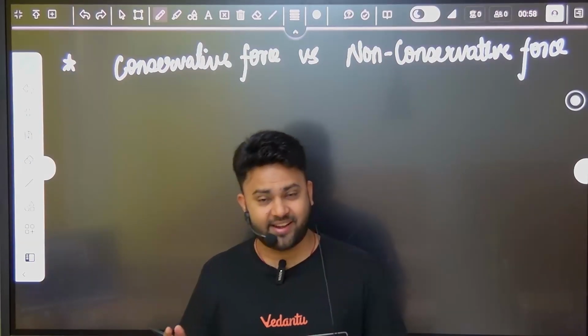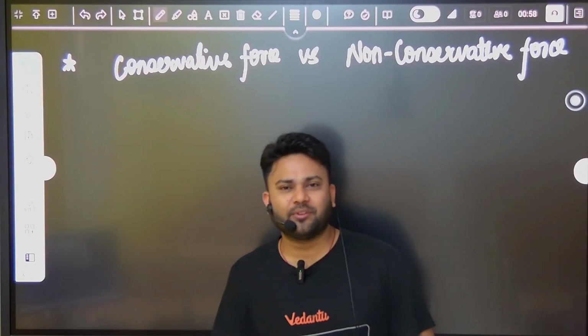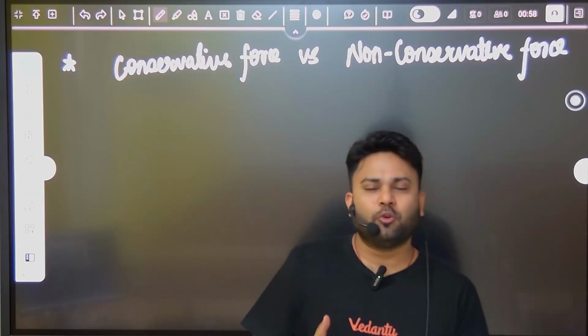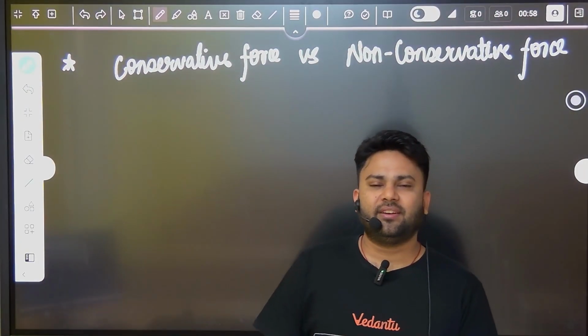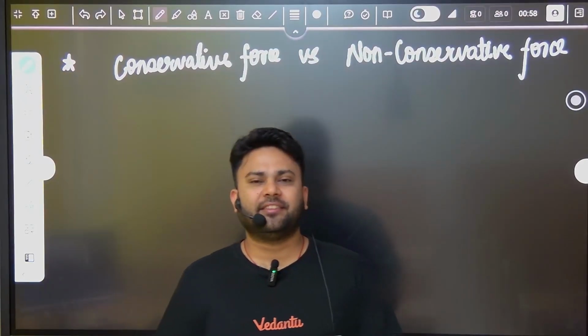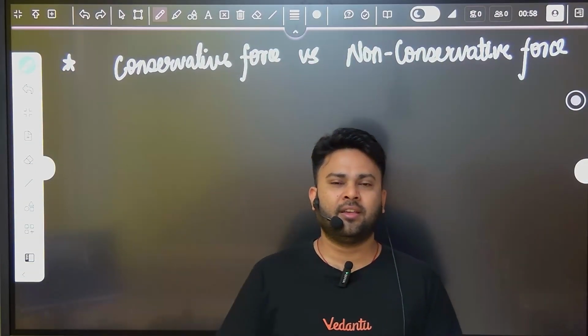Hope you understand. See, for example, I will give. Suppose you want to go from your home to the airport. You booked one cab and you told the driver, Bhaiya, I want to go from home to the airport.